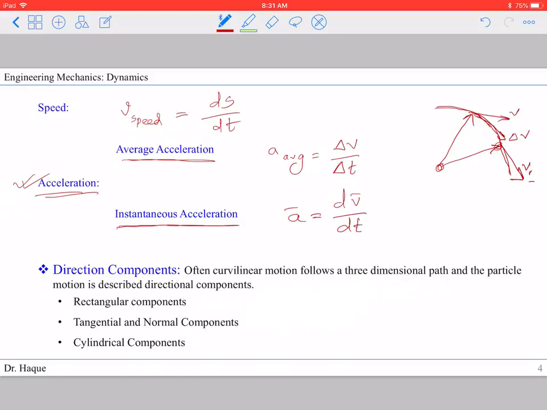Or we know that the vector velocity is defined by dr over dt. So if we plot that, we can also define acceleration as the second derivative of vector r with respect to time.